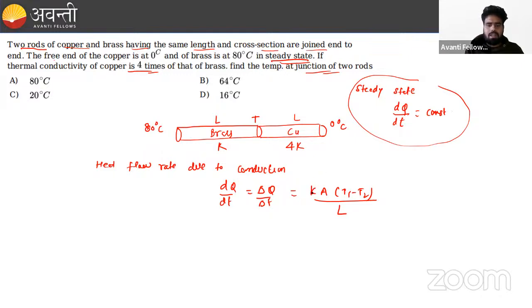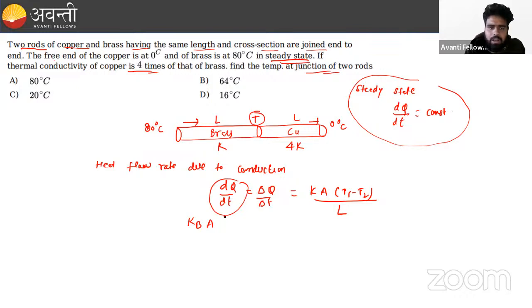This is equal for both the brass as well as copper. So here we can equate the heat flow rate. K is the same for both the rods, and we know that heat always flows from higher temperature to lower temperature, and this is our junction temperature.